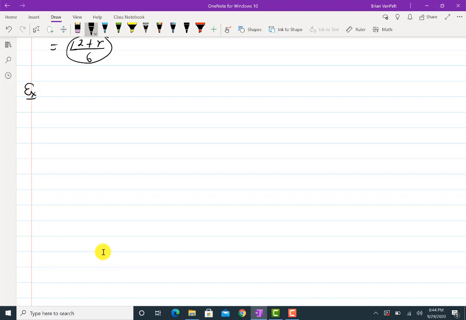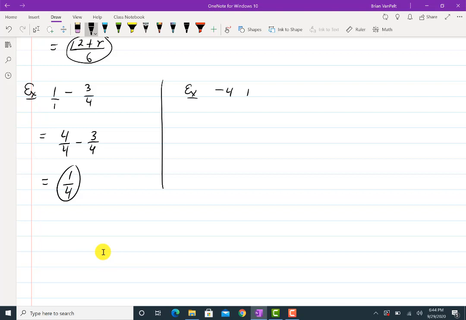Next, we will do 1 minus 3/4. And I'll play the same game. I'll do 1 over 1, which is 4 over 4 minus 3 over 4. And that equals 1/4. And then one last example. Here we'll do negative 4 plus x over 7.